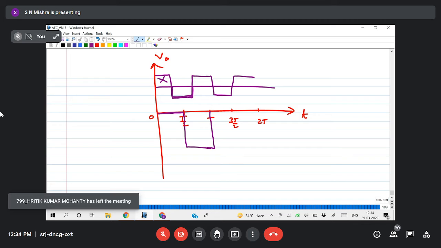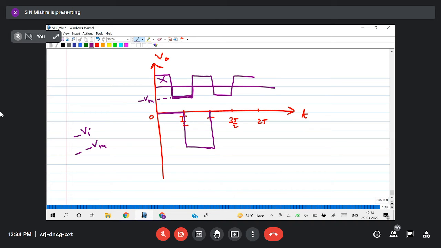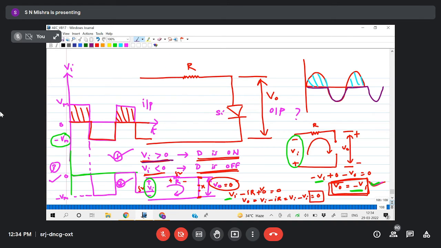Don't take minus of minus Vi; that is, don't take minus of the maximum voltage, minus Vm. If you take minus of Vm, then you will get plus Vm, which is the opposite way. Because this negative sign we have got due to the sign convention, because I have taken plus minus here, I am automatically getting this minus sign.